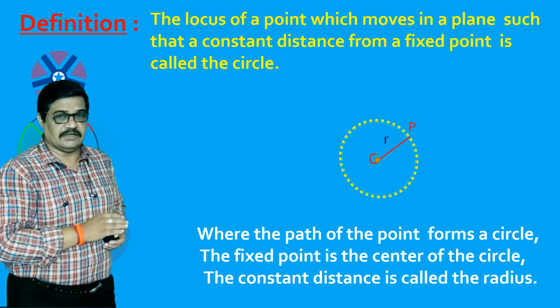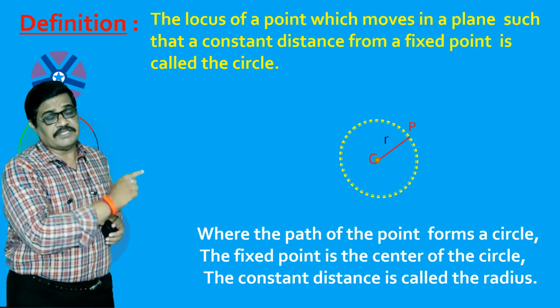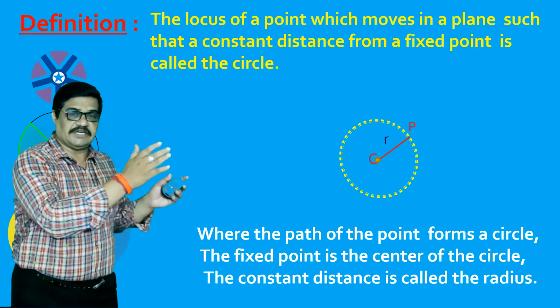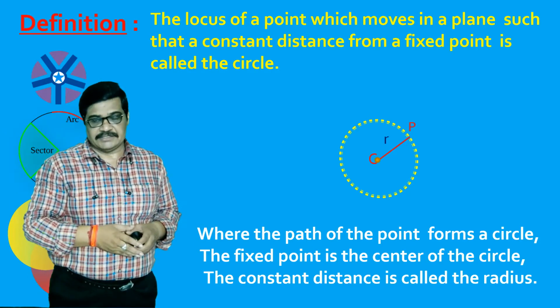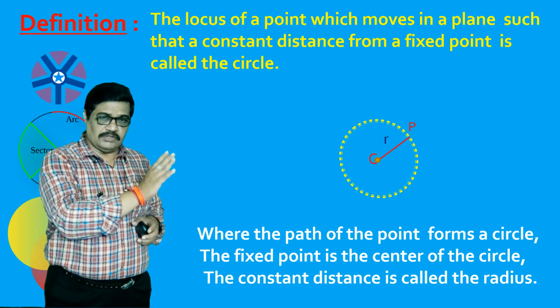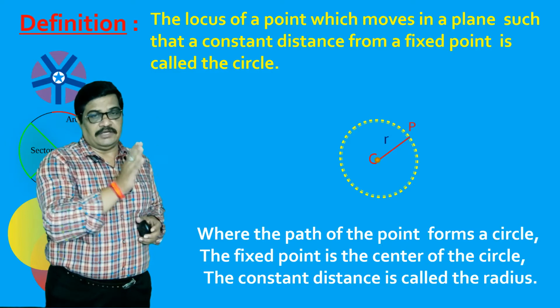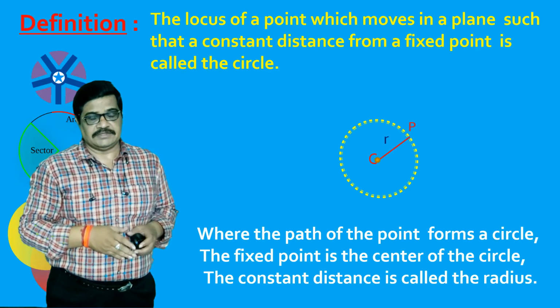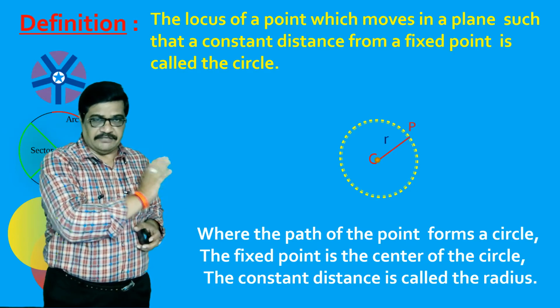This definition says the fixed point is the center and the constant distance is taken as the radius. We must know the definition, then only can we solve this type of question. Have you understood the definition?